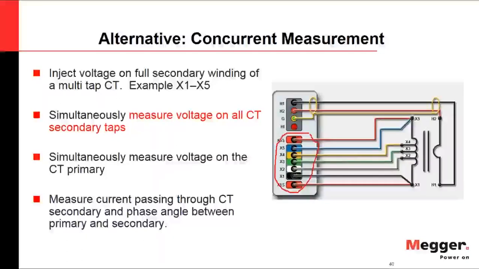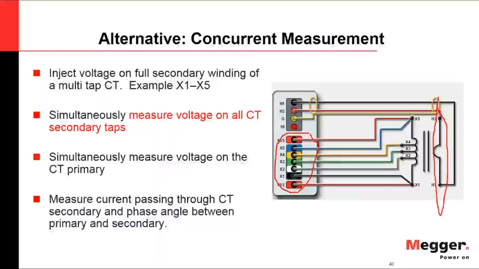We keep the connections for all the terminals on the primary winding. And simultaneously, we measure voltage on all the CT secondary taps. At the same time, we are measuring the voltage on the CT primary winding, and we measure the current passing through the CT secondary and the phase angle between primary and secondary.